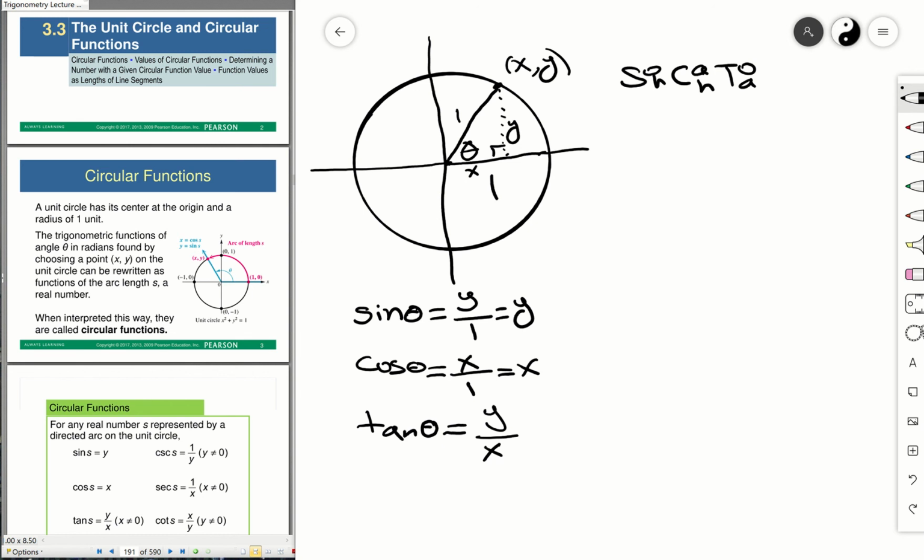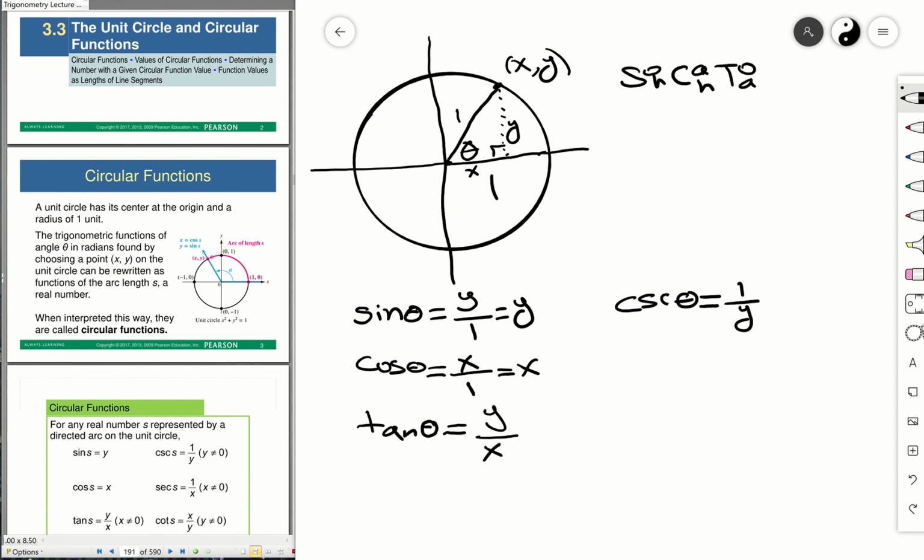Now, if we look at the reciprocals of these functions, we get cosecant of theta. It's going to be the reciprocal of the sine function, so it's just going to be 1 over y.